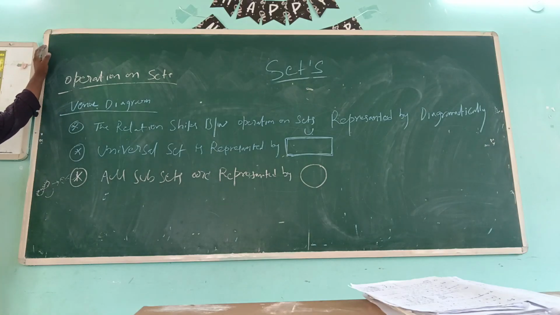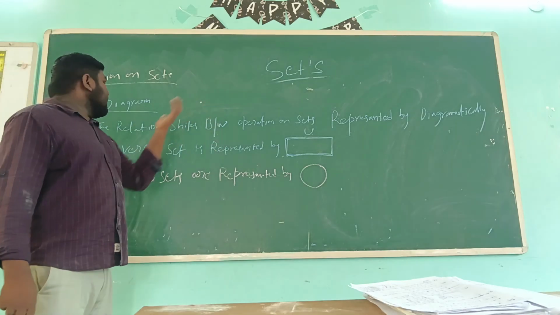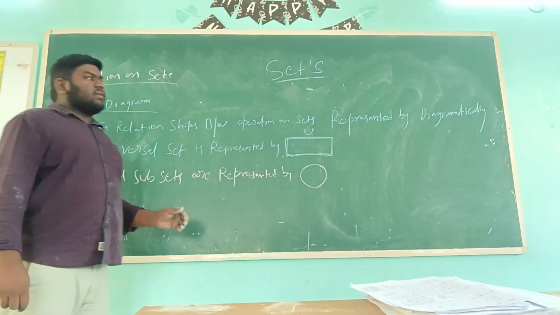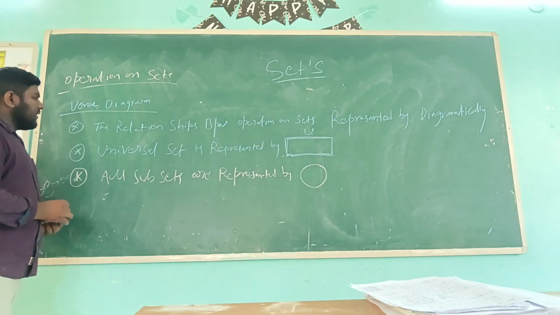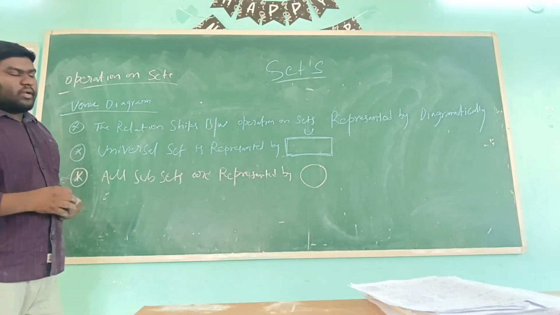Before starting the operational sets, we will discuss some basic concepts. What is a Venn diagram? It is the relationship between the sets, represented diagrammatically or pictorially.